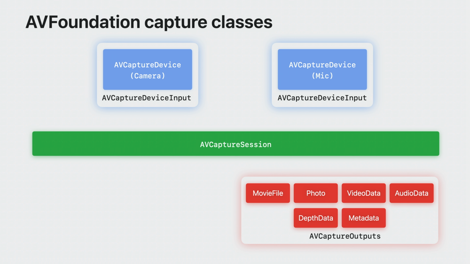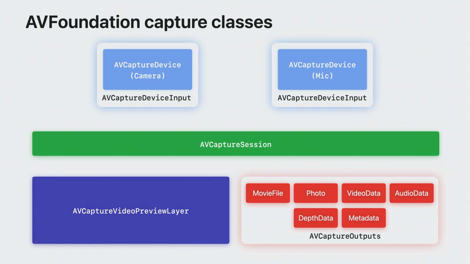The movie file output records QuickTime movies. The photo output captures high-quality stills and live photos. Data outputs, such as the video data output or audio data output, deliver video or audio buffers from the camera or mic to your app. And there are other kinds of data outputs, such as metadata and depth.